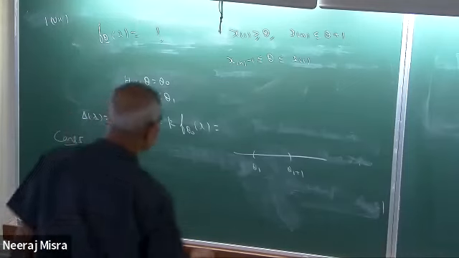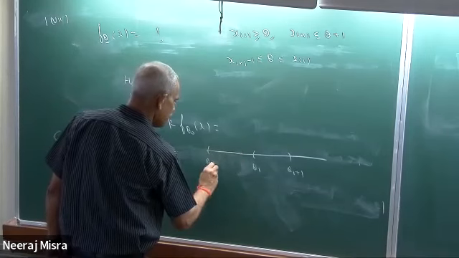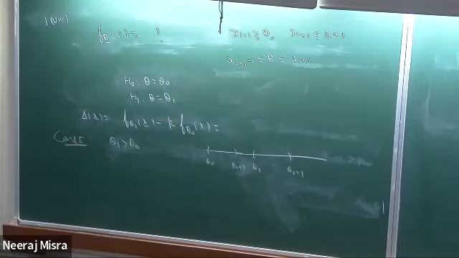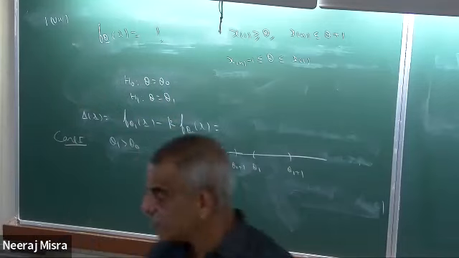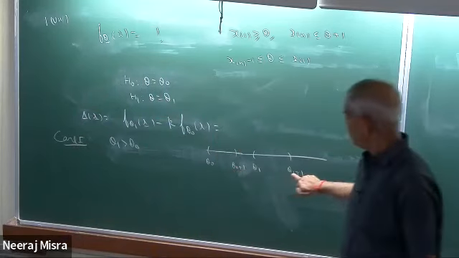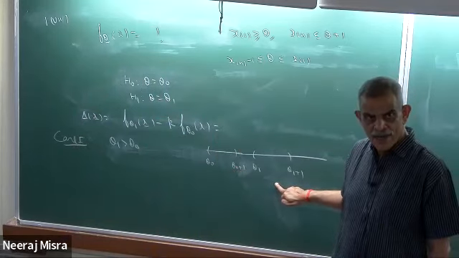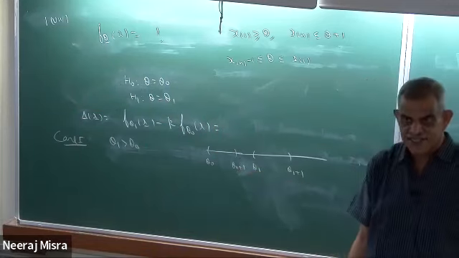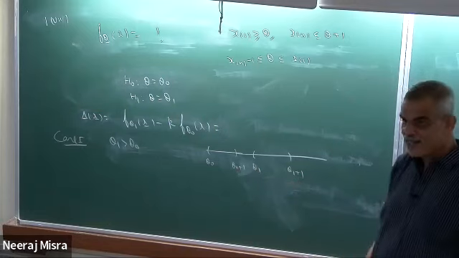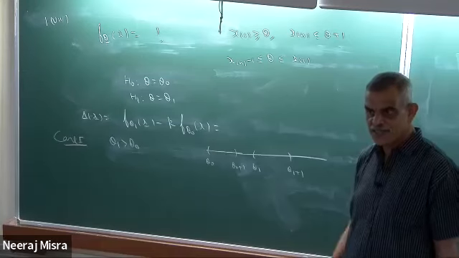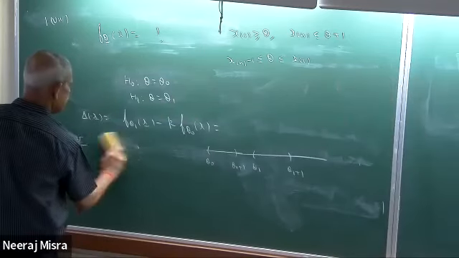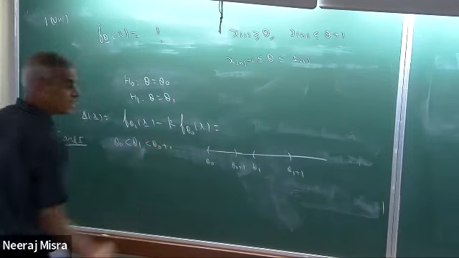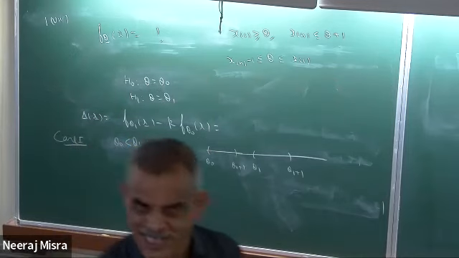The first case is theta naught and theta naught plus 1, because there are two distributions and they are uniform, theta to theta plus 1. This is the overlapping case. And this is the non-overlapping case, where theta naught is less than theta 1 minus 1, or theta 1 is bigger than theta naught plus 1. So this is a case where theta 1 is bigger than theta naught. Now this test we have seen; it is a trivial kind of thing, as I've said.